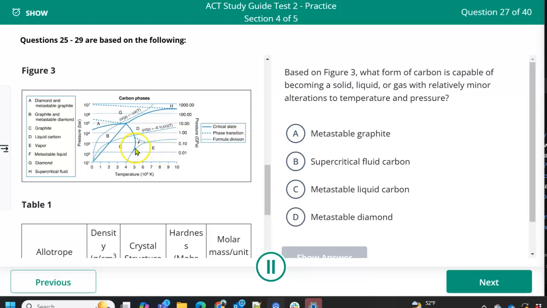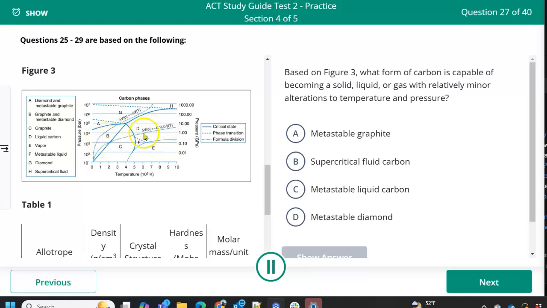All right, the only gas that I see on here is the F. I'm sorry, E. So it's got to be somewhere around E. A is a solid. E is a gas. F is a liquid. Now, what is D? Okay, so D is liquid carbon.